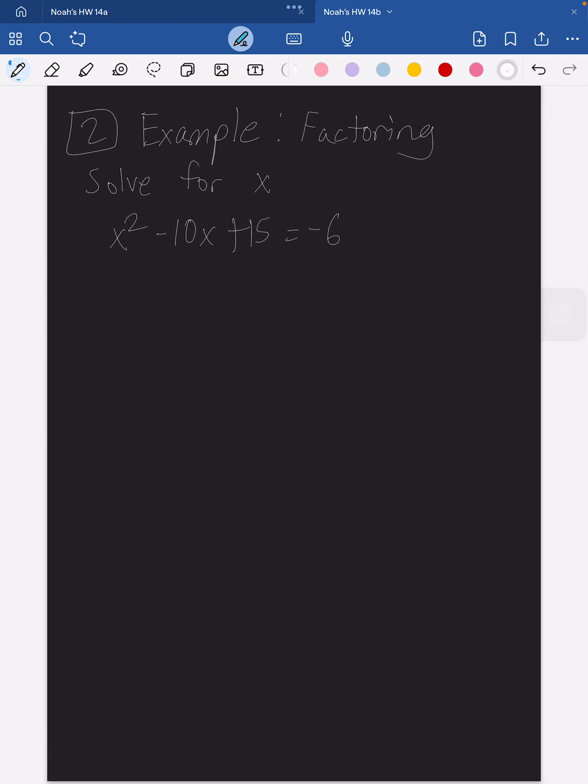Now we have to solve for x squared minus 10x plus 15 is equal to negative 6 using the factoring method. So let me ask you guys a question. Is this equation in the standard form right now?